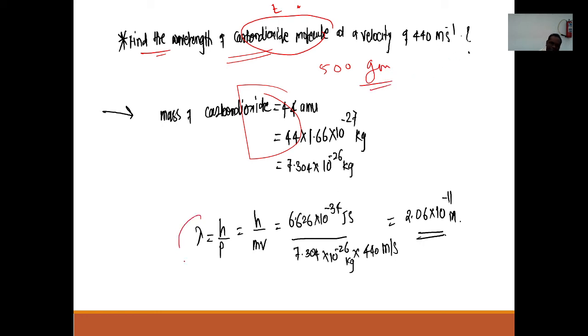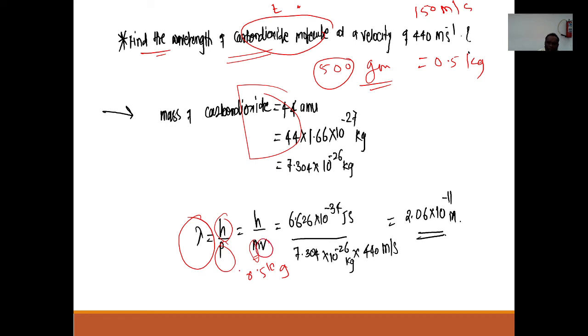Again we can easily calculate the value of lambda. H value we know in the SI unit, p is mass into velocity. Mass is 500 gram, that is equal to 0.5 kg, and velocity will be given, like in the cricket ball 150 meter per second. We can easily calculate the wavelength of the moving tennis ball.